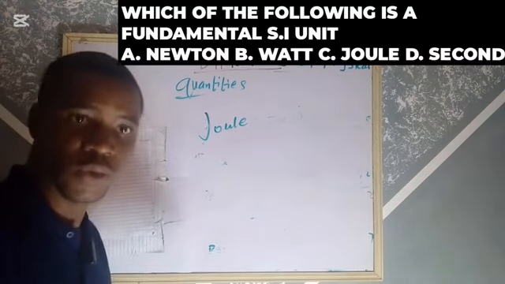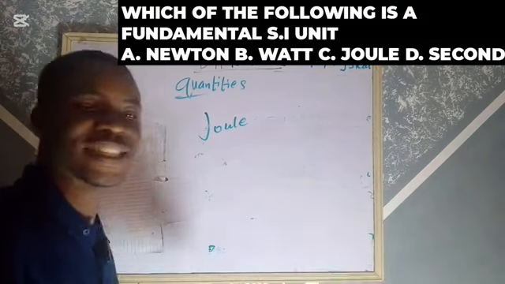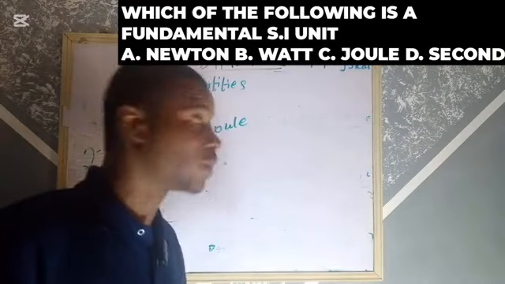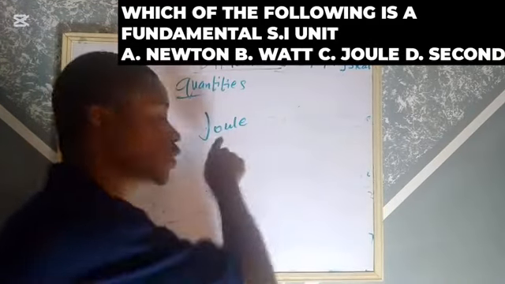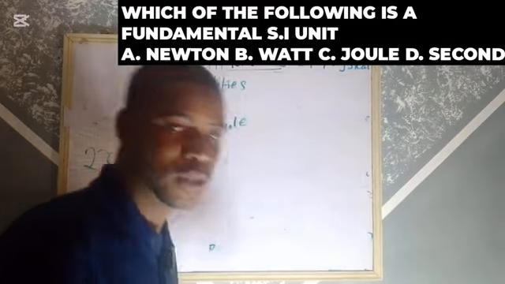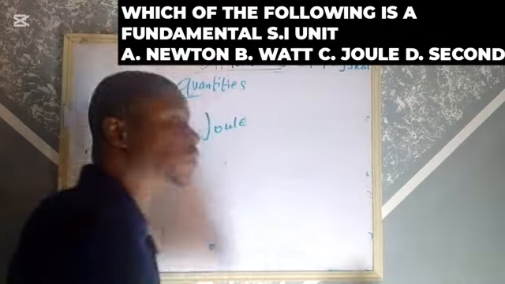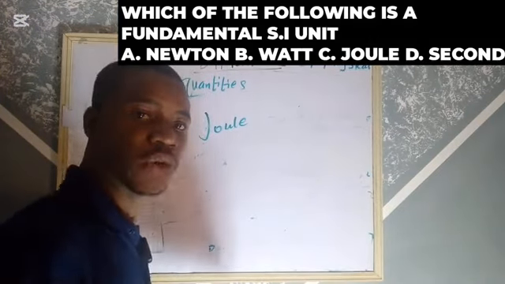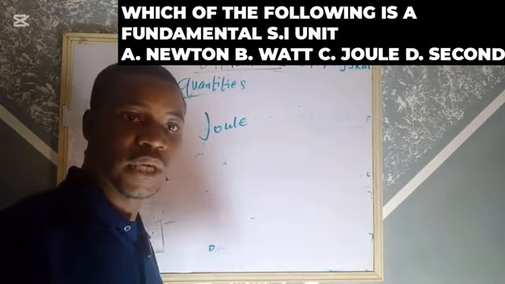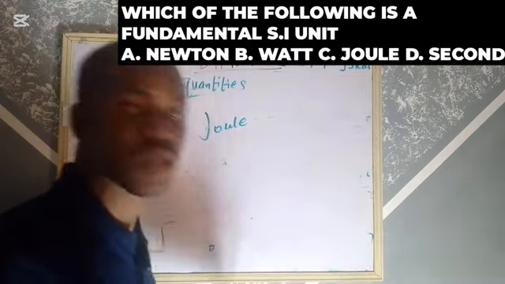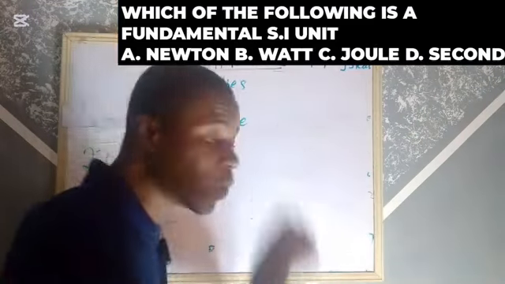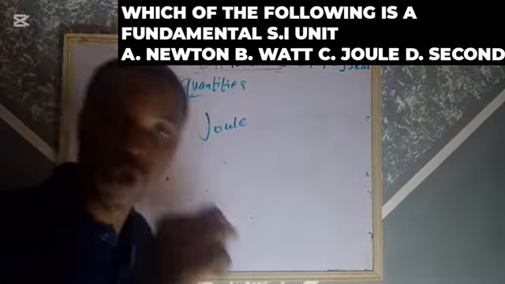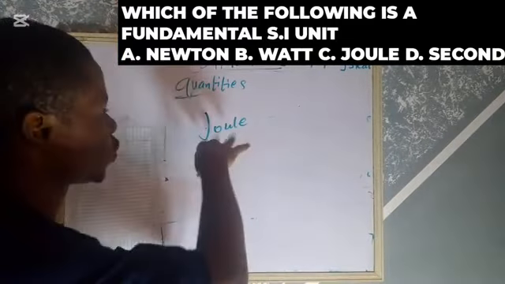Energy is measured in joule. So energy itself is a derived quantity. Work done, which also has the unit joule, is also a derived quantity. So it means that joule is a derived unit, since it is the unit of energy and work done. If work done and energy are both derived quantities, it means joule itself will also be a derived unit. And let us break this down.